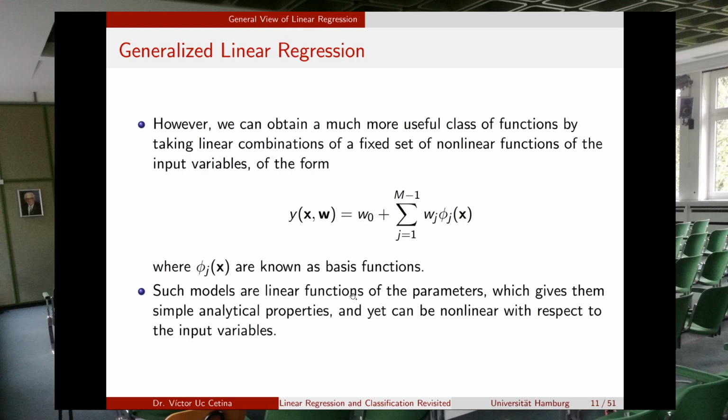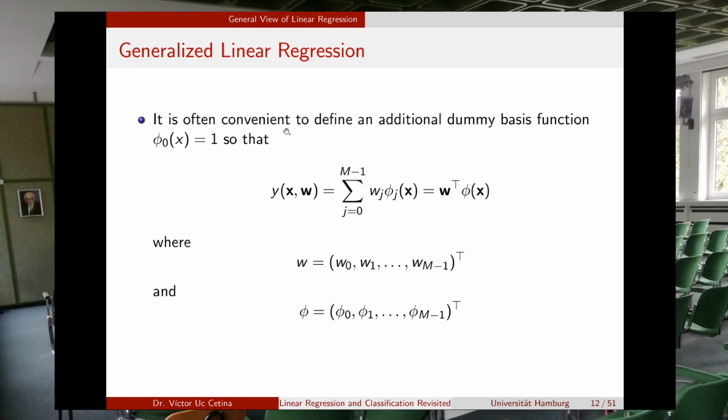Such models are linear functions of the parameters because the parameters are not affected, and this is good because it gives simple analytical properties, especially when we need to compute some derivatives of this. It's very simple because it is linear, and yet can be non-linear with respect to the input variables, and this is good because we can create more complex models with this.